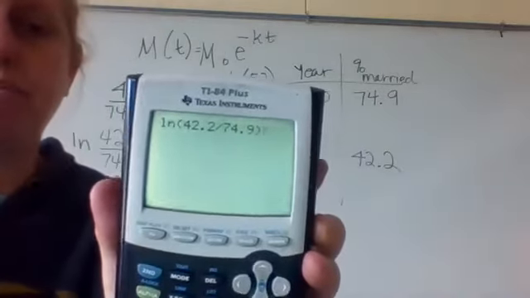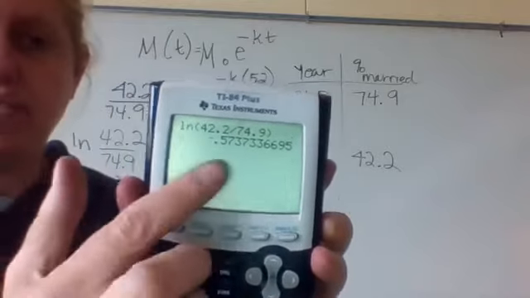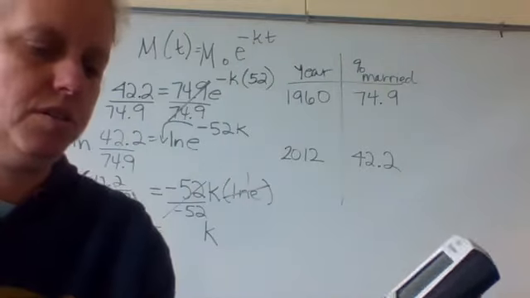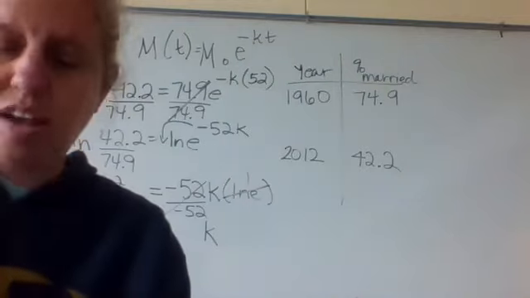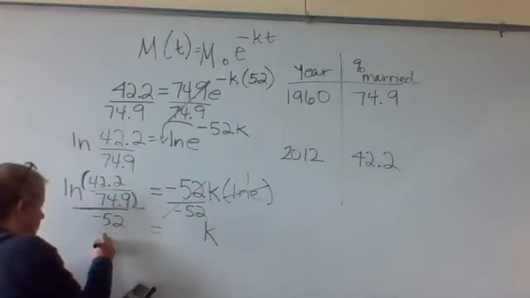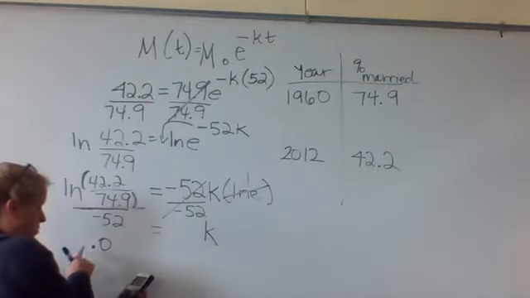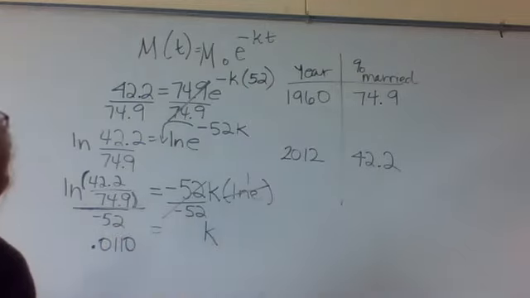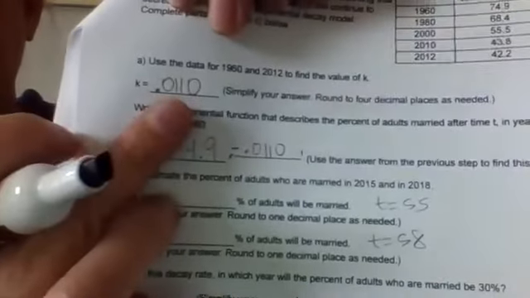Go ahead and enter that. And then divide this by negative 52, which gives you a k of 0.0110. So that's what's going to go in your first blank for the k.